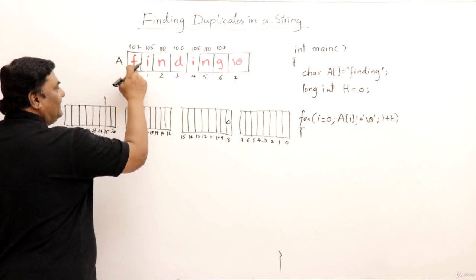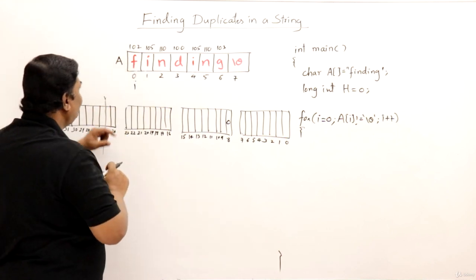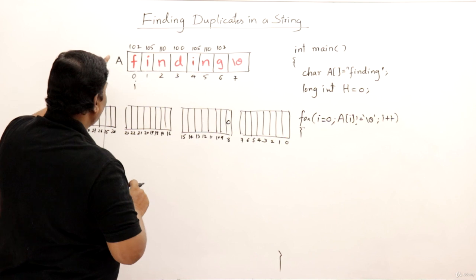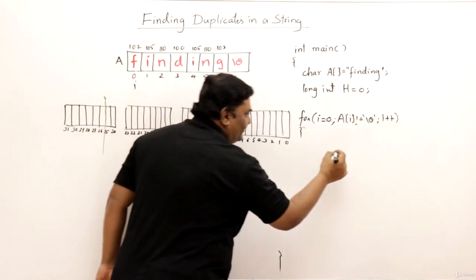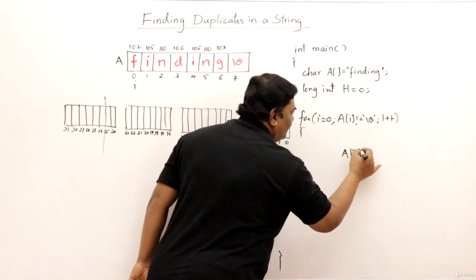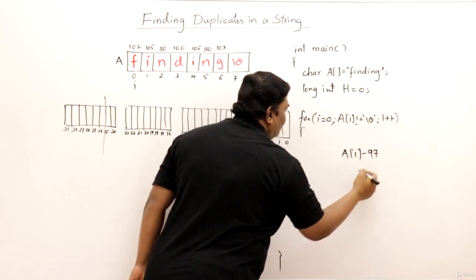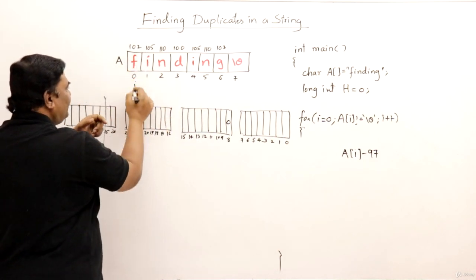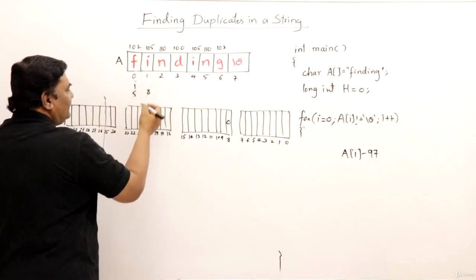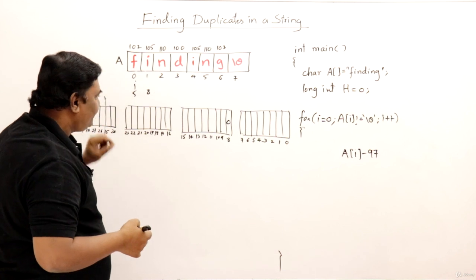Now A of i is f, the letter is f. It is 102, so I subtract 97: A of i minus 97. For every alphabet I will do this. For this I get 5, for this I get 8. Now what to do with this 5?